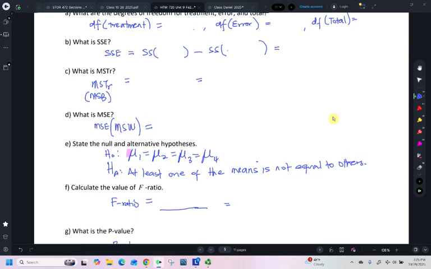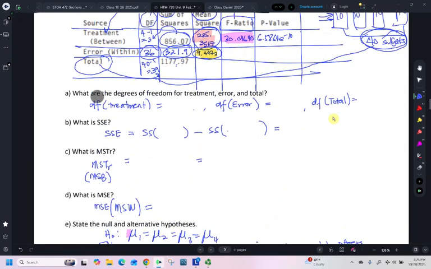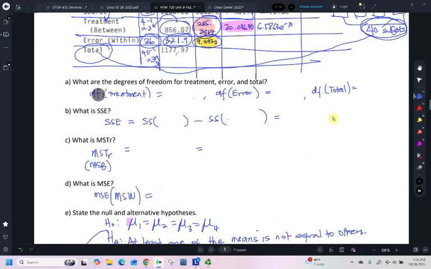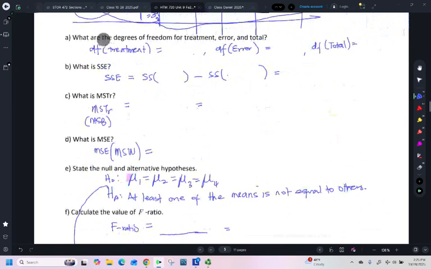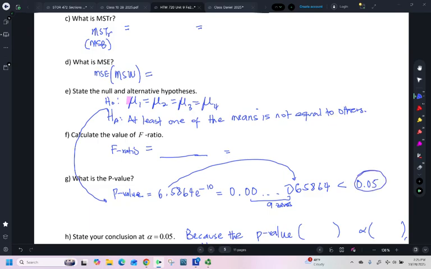And since our p-value, which we just got, is 6.5864 e minus 10, that will be 0.000, so this will be 9 zeros, and then bring those values here, 65864. This is considerably, definitely lesser than our alpha of 0.05.